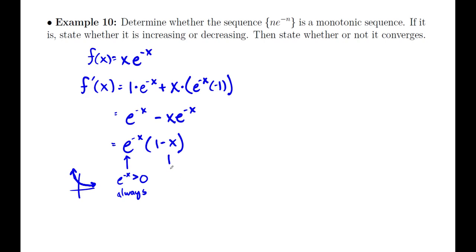The other factor is less than 0 when x is greater than 1. So the moment x gets bigger than 1, this thing is less than 0. So you have something that's always positive times something that's negative as soon as x is bigger than 1. So what do we have?